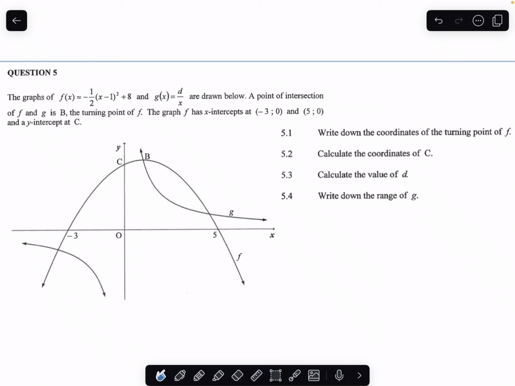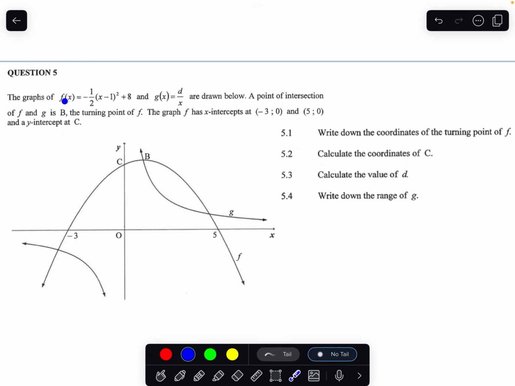Okay, cool. The graphs of f of x is equal to negative a half times (x minus 1) squared plus 8. It's a parabola, right? And g of x is equal to d over x, which is a hyperbola, are drawn below. A point of intersection of f and g is B, which is also the turning point of f, the coordinates of which we know, right?